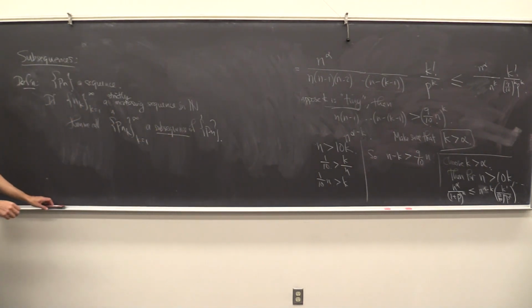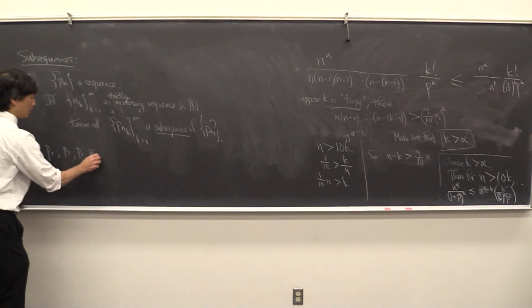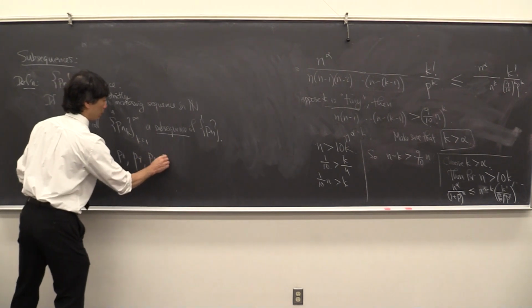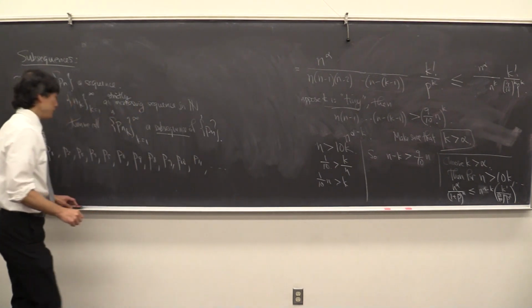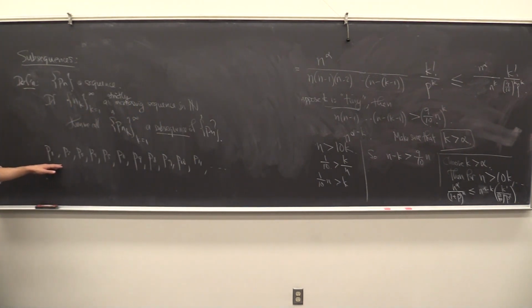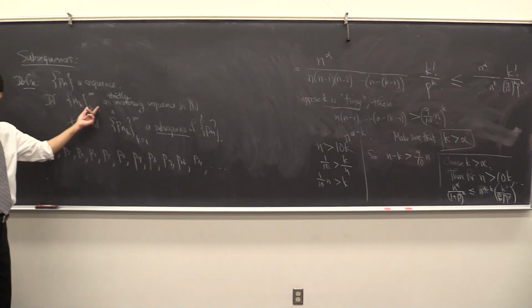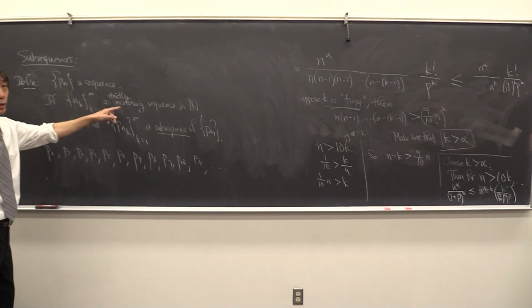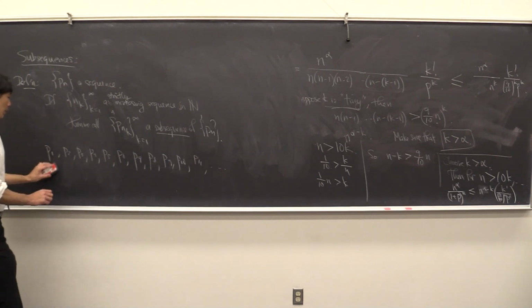I don't know if this definition is opaque at all, but let me try to make it clearer if it is. You have some sequence, right? And then what you have here is a choice of indices. This is just a selection of indices that has to be strictly increasing. So what's a subsequence?